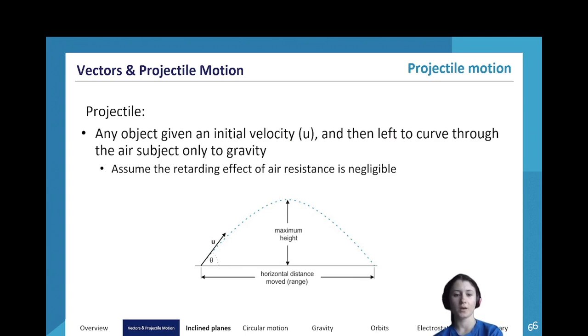Alright, now getting on to projectile motion. So, a projectile is any object that's kind of thrown. Alright? So, it can either be thrown from the ground, such as somebody kicking a ball or somebody throwing a ball, or it can be shot, maybe a person firing an arrow, or a cannonball shooter, or something like that.